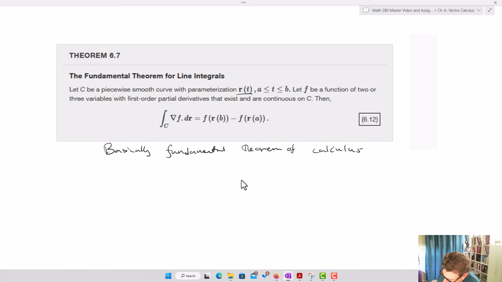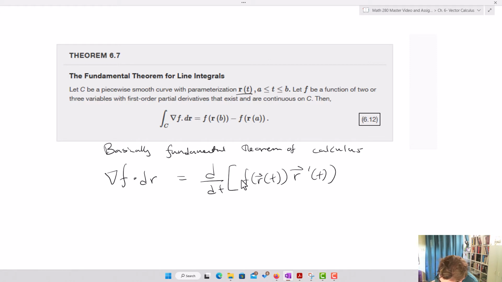If we have this parametrization r of t, then del f dot dr is going to end up equaling essentially d/dt of f of r of t, times r prime of t.